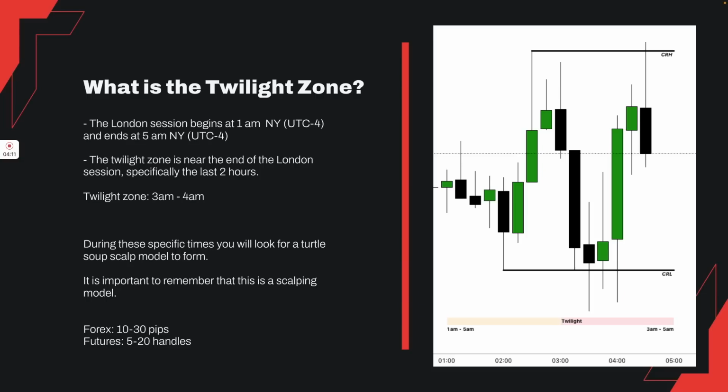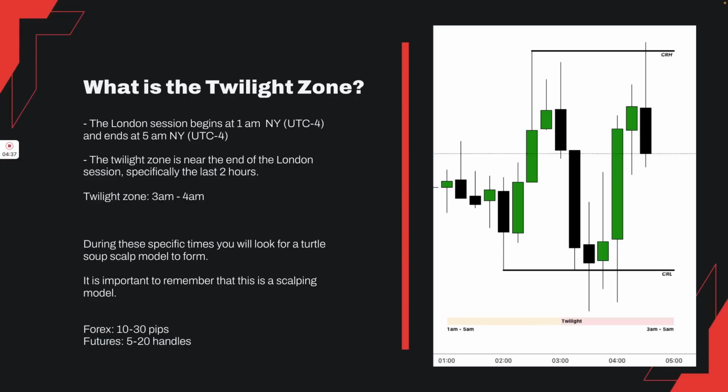I've been getting many comments asking about what time zone to use. Whenever you open up your TradingView, make sure that you are on UTC-4. Every other time zone is useless garbage.